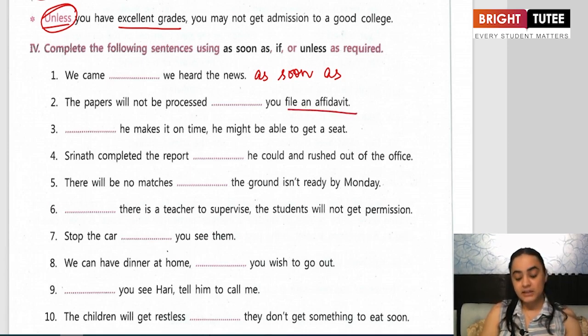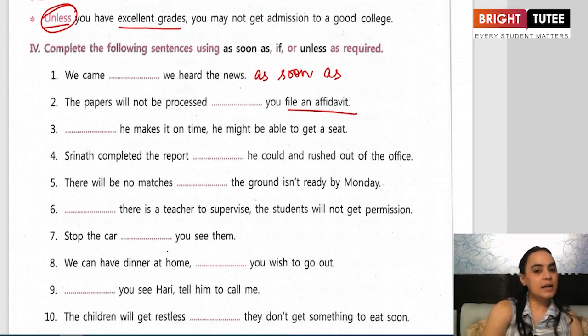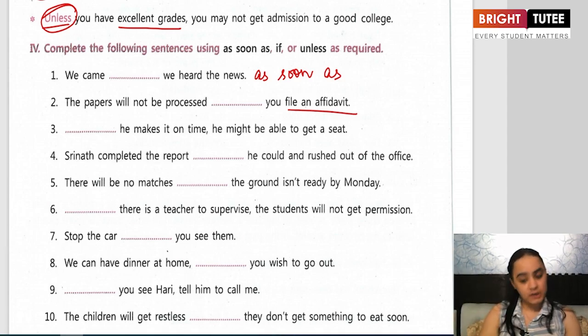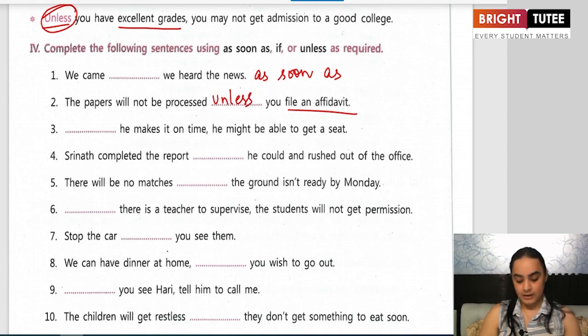So, there is this condition. Unless and until you file the affidavit, your papers will not be processed. So, there is a condition on which my action is dependent. So, unless. If he makes it on time, he might be able to get a seat. What is the condition for him to get a seat? If he makes it on time. So, there is a condition, I use if.